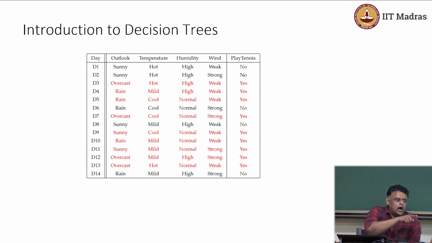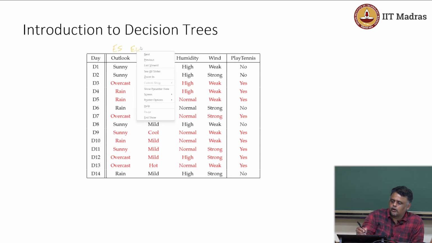And these outlook, temperature, humidity, wind are the features. It's very similar to the features I showed you for deciding the heart condition, right? End systole volume, end diastole volume, etc. You might as well put them there. So these columns might as well be those end systole volumes, end diastole volumes, I don't know, myocardial volume, so on and so forth.